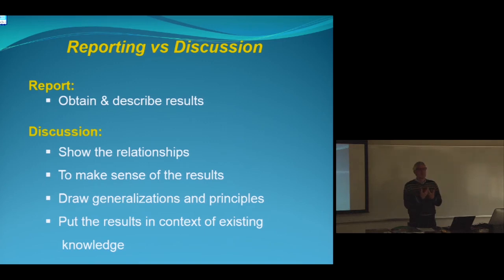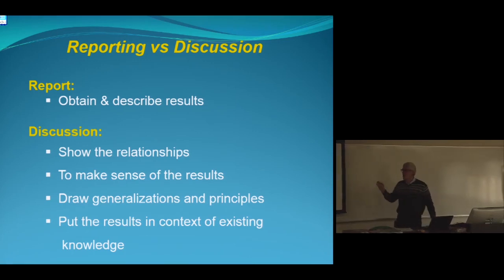It doesn't give you any context, it doesn't give you any understanding of what those results mean. You, the researcher, or you, the person who's writing the abstract, are the one who is most knowledgeable about what those results mean. And you need to convey that information to the reader.